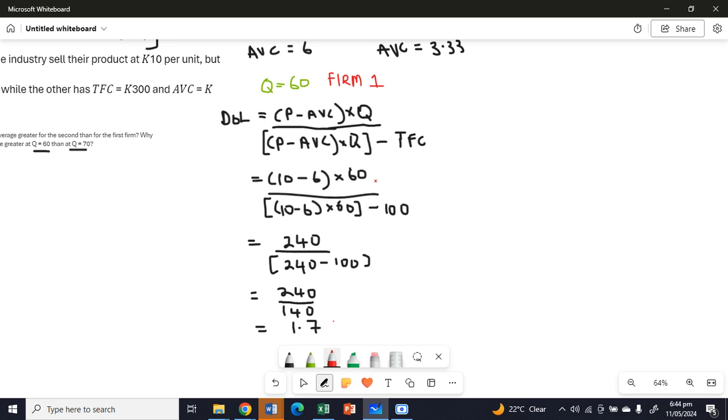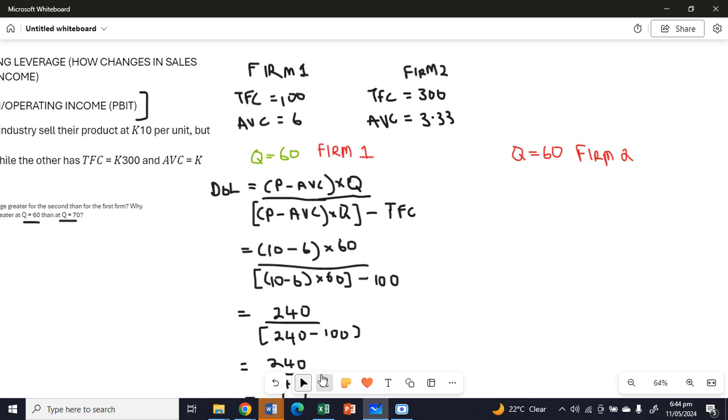Okay, let's go to firm 2 with a quantity of 60 units. Now, one thing I also need you to remember here is that firm 2 has higher fixed costs. It has a higher fixed cost and a lower variable cost.